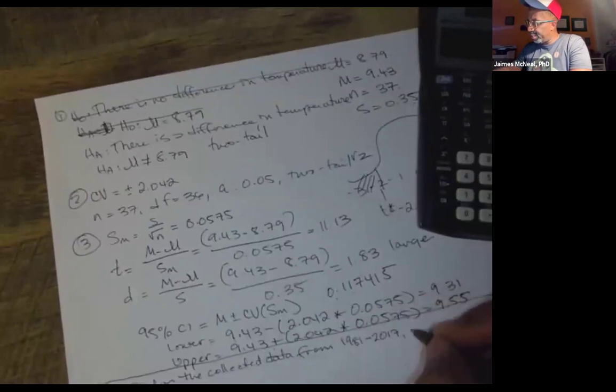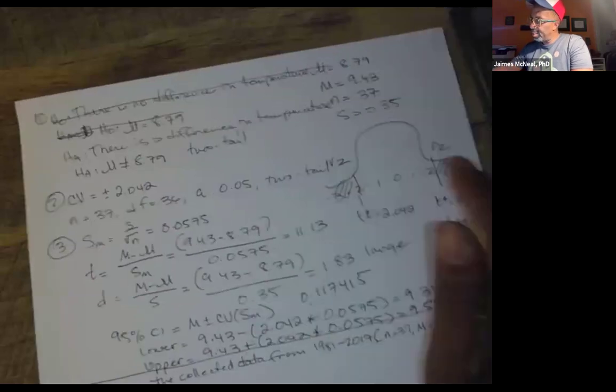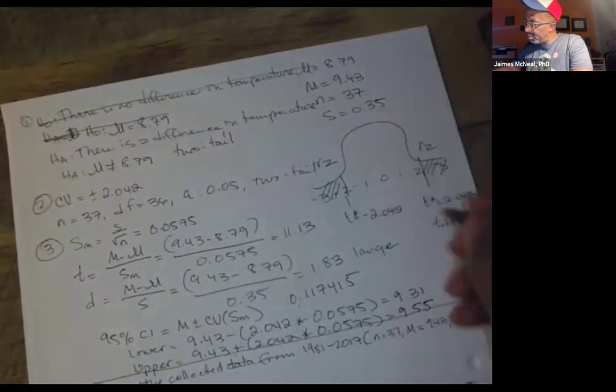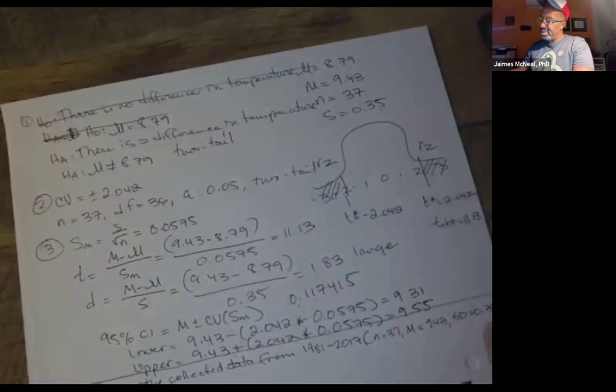Now let's report the data. N equals 37. Mean equals 9.43. Standard deviation equals 0.35.